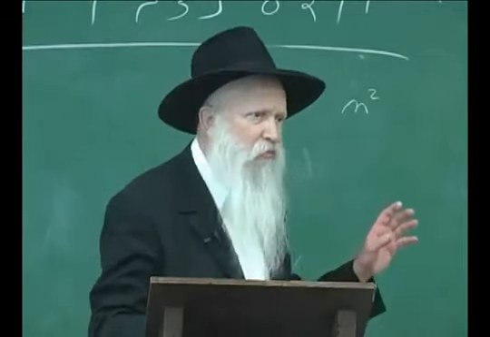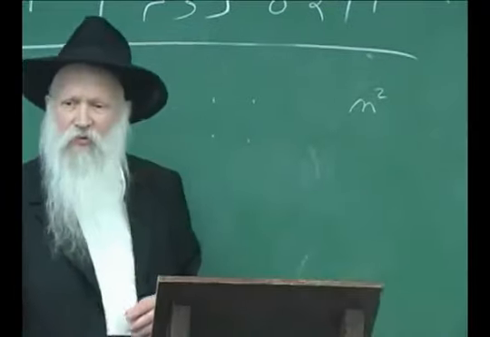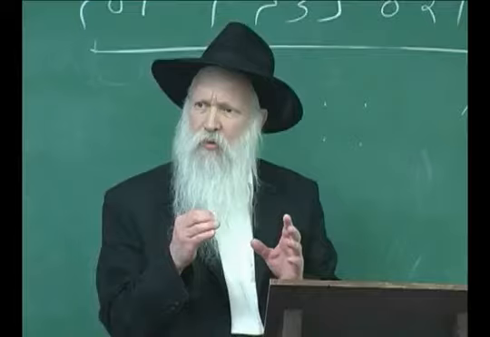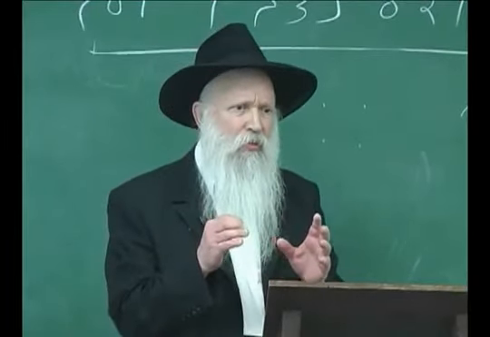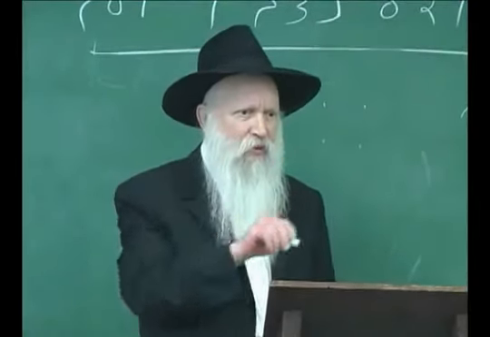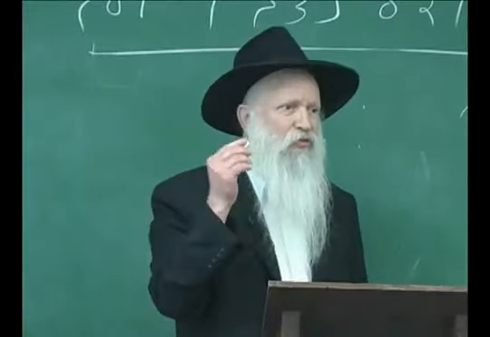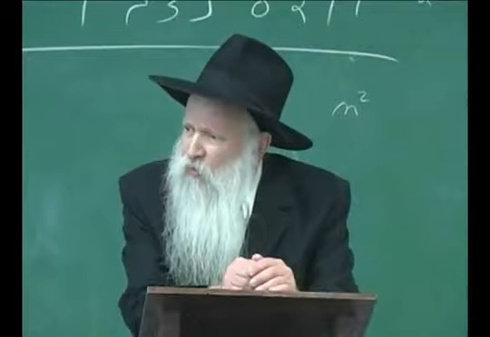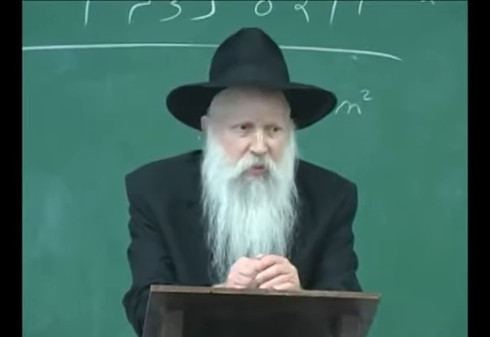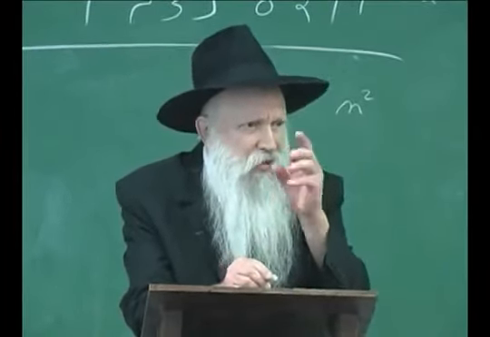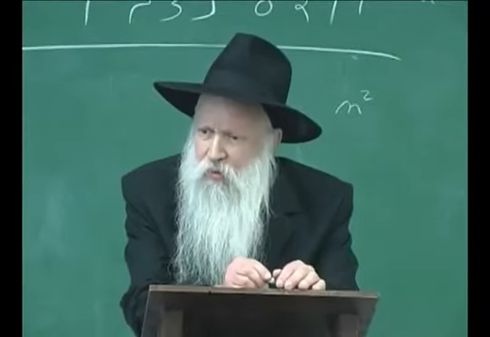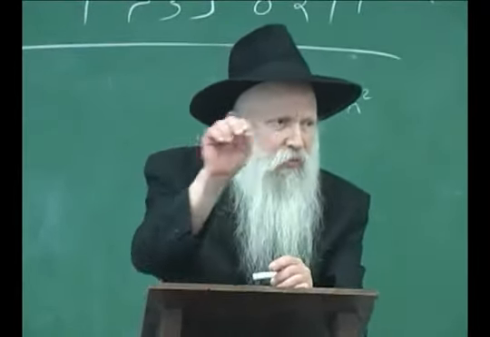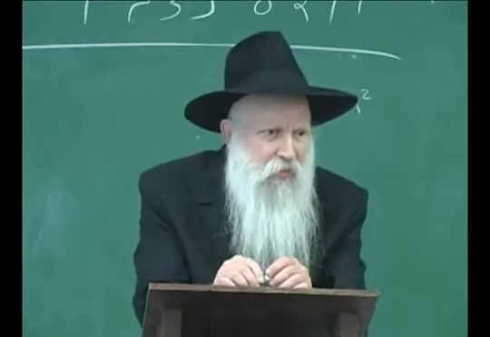Because in order to analyze a verse, you have to say how many letters the verse has. If it has a certain amount of letters, maybe it's a square number, which means you can write the verse as a square. Let's say there are 16 letters in a verse. 16 is 4 squared, so I can write the verse 4 by 4.